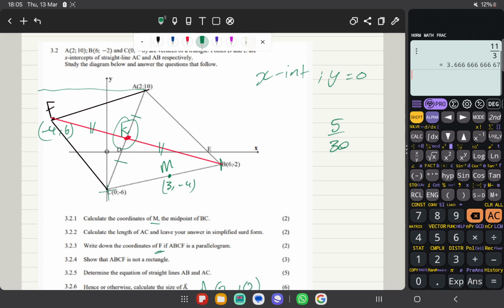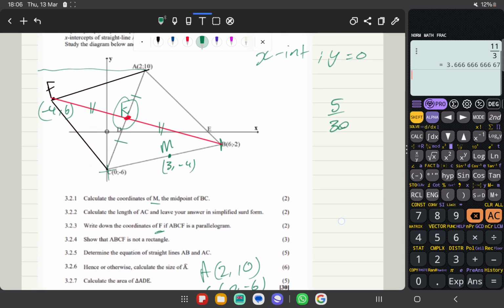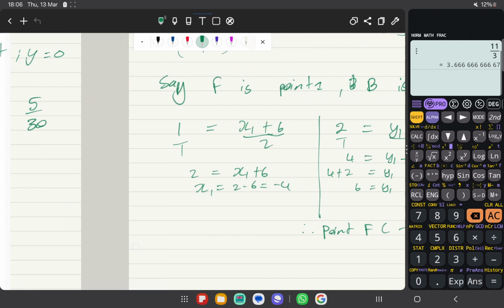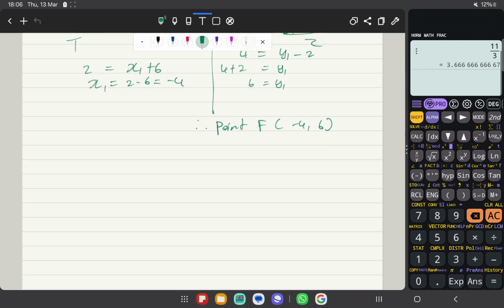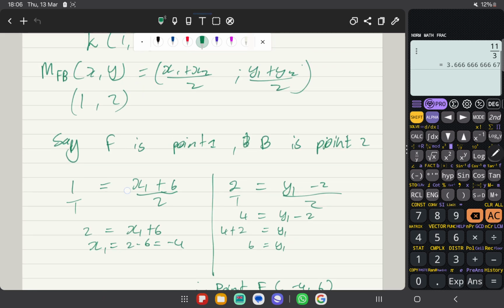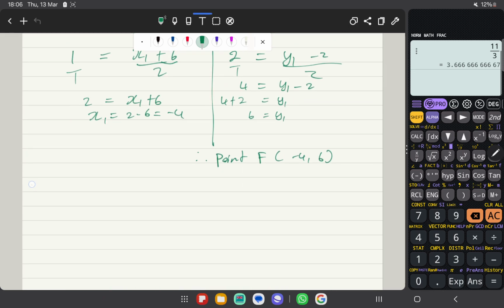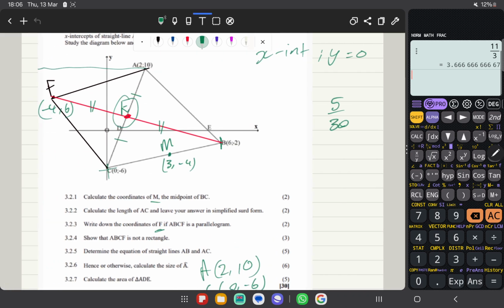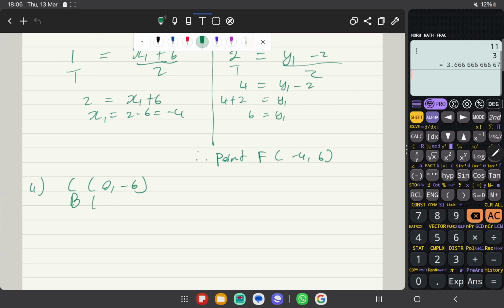I'm going to take FC and BC. This is question number 4. Point F is (-4, 6), point C is (0, -6), and point B is (6, -2).